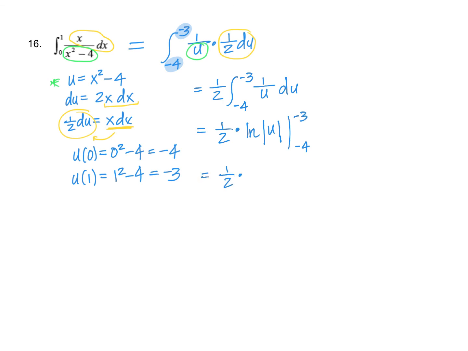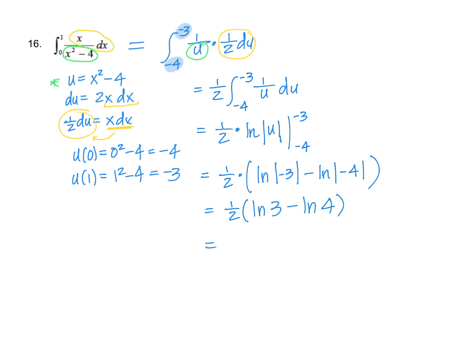So now I'm going to put negative 3 in for u, and then negative 4 in for u, and subtract. So I have 1/2 times natural log 3 minus natural log 4. Now that already is the right answer, but if we want to write it in a simpler way, we apply the property of logarithms, and this becomes natural log of 3/4.